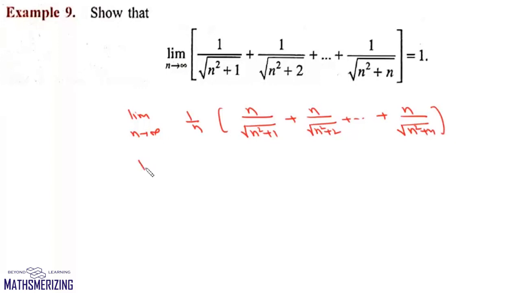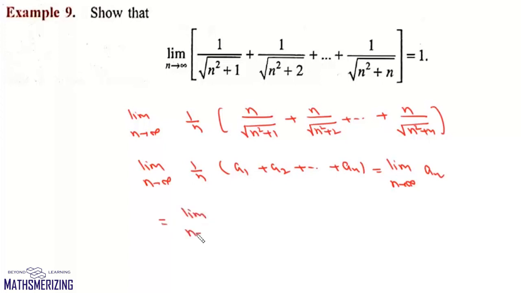Now this limit is of the form limit n tends to infinity 1 by n times a1 plus a2 plus up to an. Now Cauchy's first theorem says this limit is equal to limit n tends to infinity a_n. So all we need to do is solve this limit. Now what's a_n? a_n is n upon under root of n square plus n, and this limit is nothing but 1. So the value of this limit is simply 1.